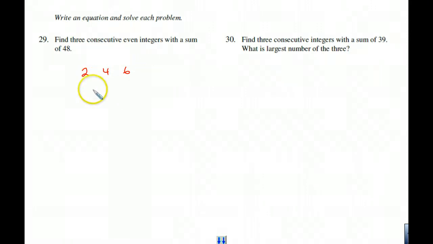But in general, if we wanted to say, well, we don't know what the first number is, so we'll call it x. We know that the second number is 2 more than the first number because even numbers count by 2's. So we could say, well, I don't know what it is, but I do know it's 2 more than the first number.